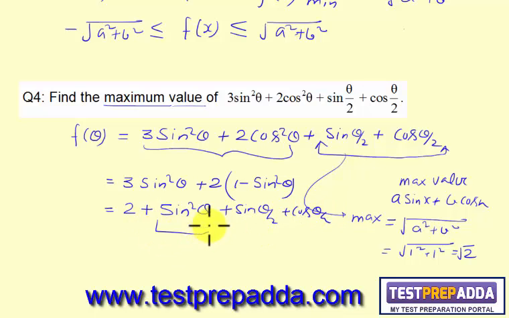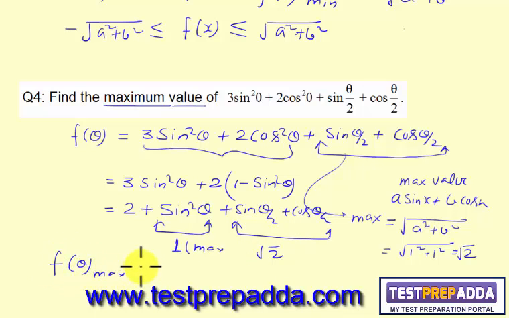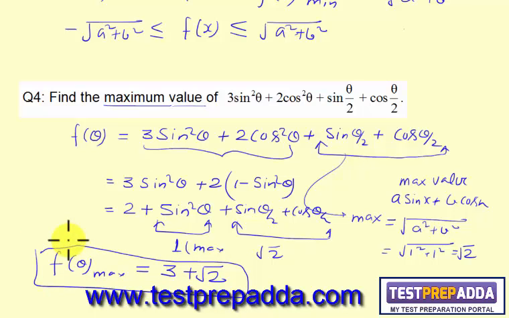What is the maximum value of sin square theta? Obviously it will be 1, maximum value. What is the maximum value of this part? We have just got root 2. So what is the maximum value of f(theta)? 2 plus 1 plus root 2 means 3 plus root 2. The concept is clear? Okay. Now, I'll take another question here.